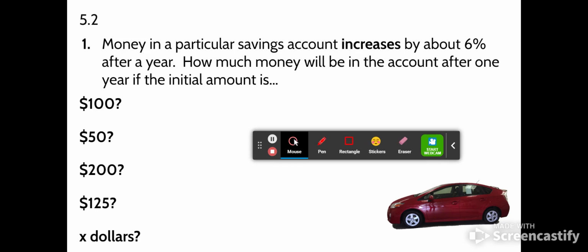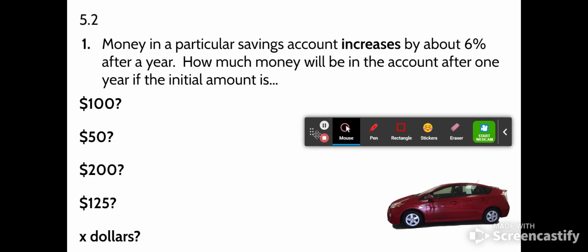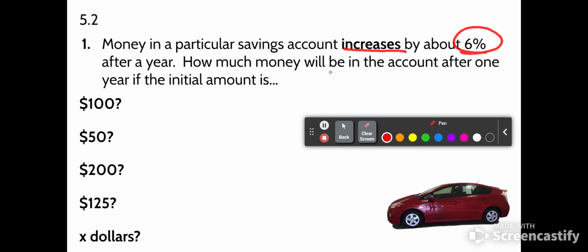Okay, so now that you solved it, we're going to see what the answers are. It says money in a particular savings account increases by about 6% after a year. How much money will be in the account after 1 year if the initial amount is...? So that's a percent increase. So I have my 100% plus my increase is 106% of the original amount. As a decimal, that is 1.06.